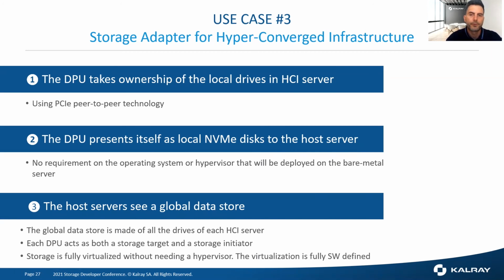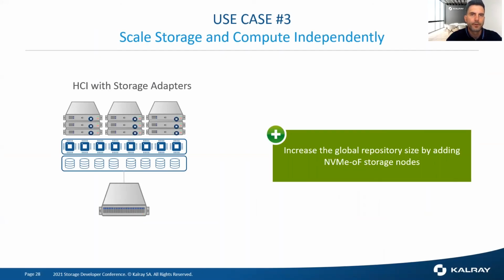Of course, this virtualization is fully software defined by software running in the DPU that is configured again by orchestration software. You also have the opportunity to use NVMe-over-Fabric all-flash arrays in addition to storage adapters, which enables you to increase the size of the global repository just by adding NVMe-over-Fabric storage nodes in your infrastructure. This is fully transparent to the servers. They just see additional storage that can be used.